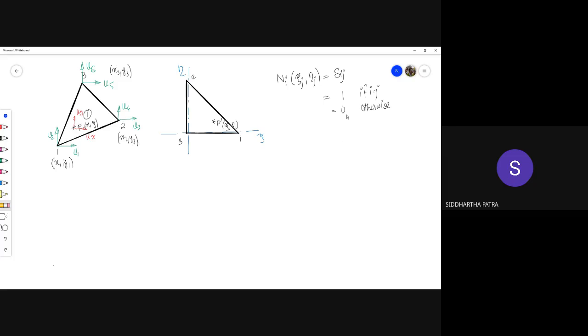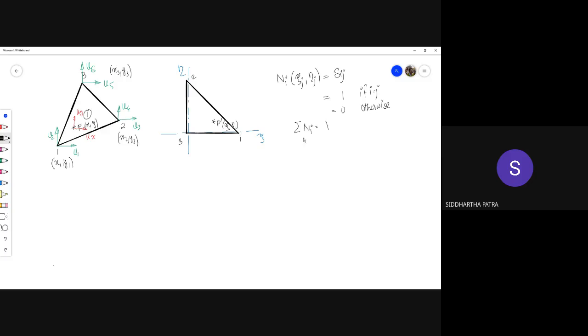Also there is another condition that the summation of all the shape functions should be equal to 1. Why do we need that? Because if each node were having the same amount of translation in x and y, then we would expect the entire element to rigidly translate.